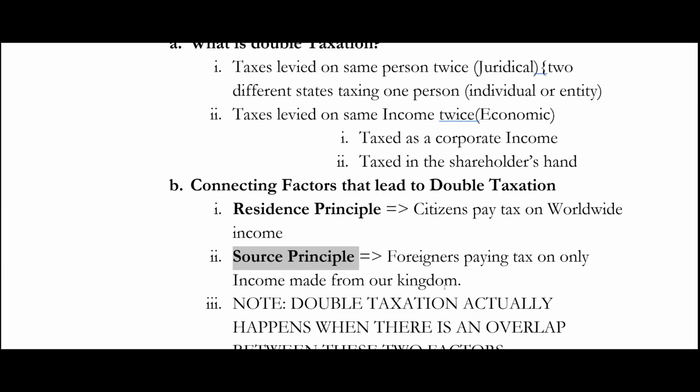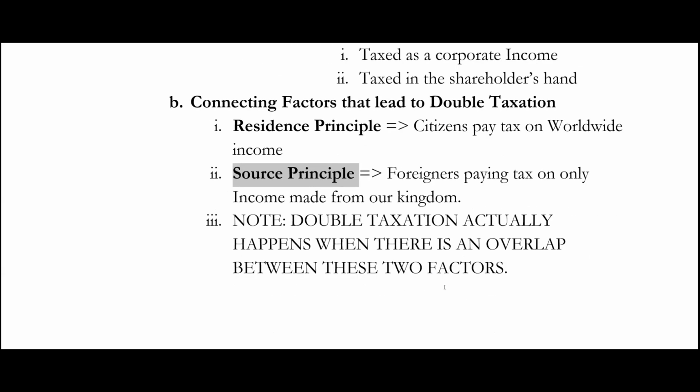One country says that your income arose from their country, source principle. You are saying this guy is your citizen. He should be taxed on any income he makes in the whole world. Worldwide income, residence principle. So when these two factors cross, it causes a conflict, and that conflict creates double taxation. Does that make sense to everyone?